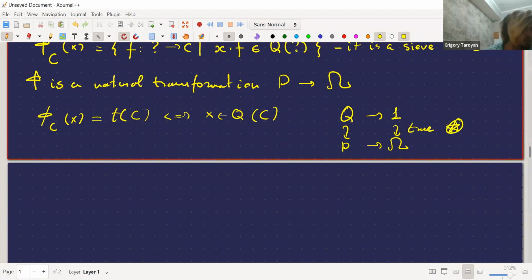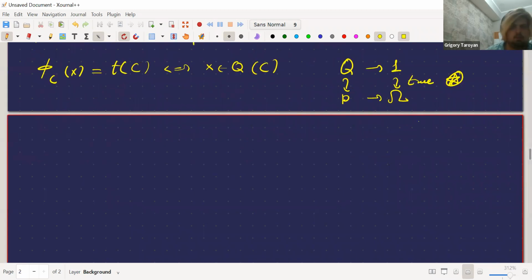Let's denote it star. And so phi is indeed a possible characteristic map.